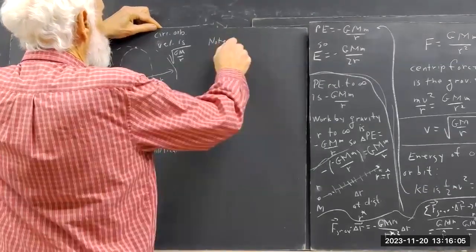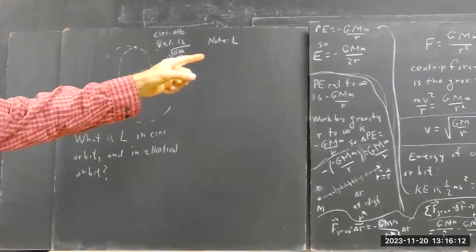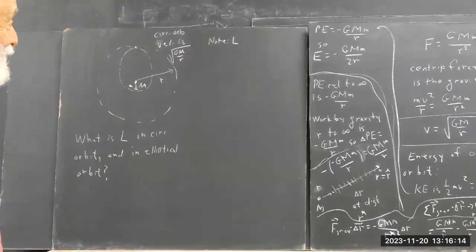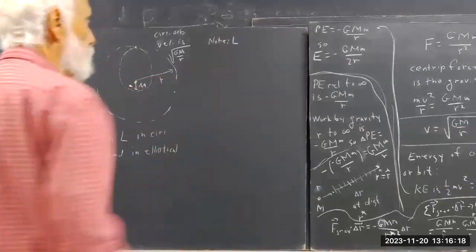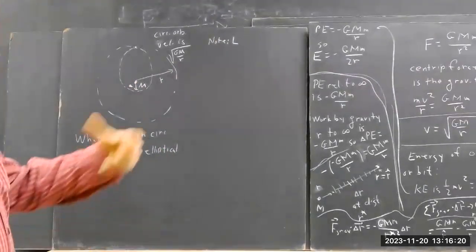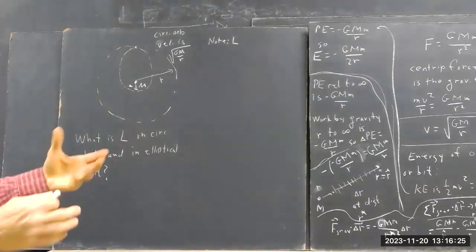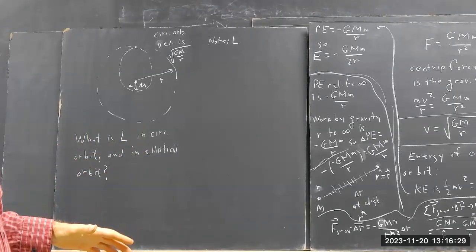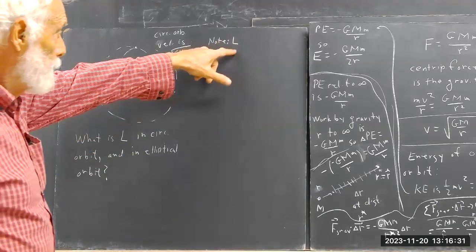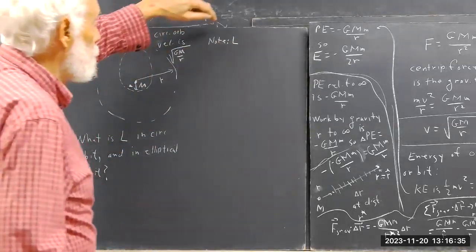And L, if you're reading your book, is the symbol they use for the angular momentum. I'm using it too, because I don't want to keep writing out all the words, although I like to write the words early on because it's important. Make everything symbolic too soon, and you totally lose any connection with reality.